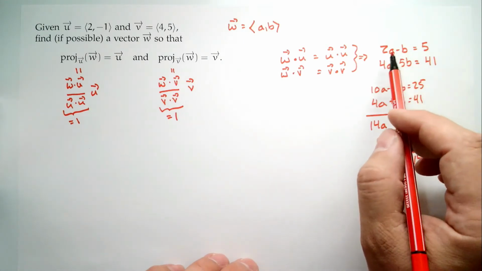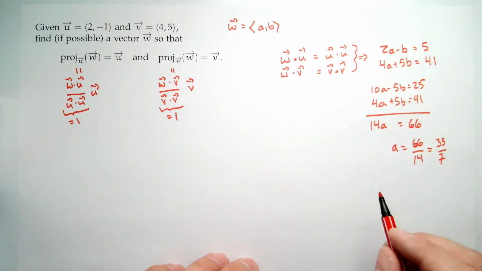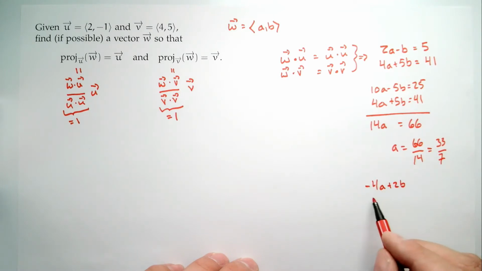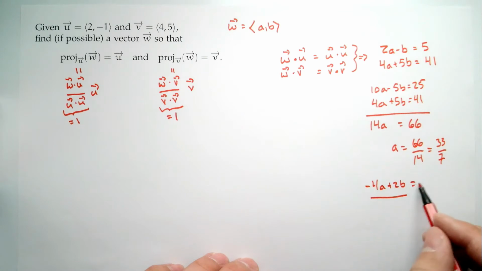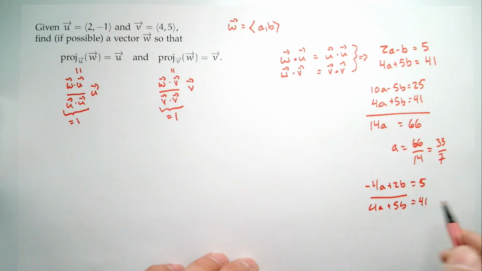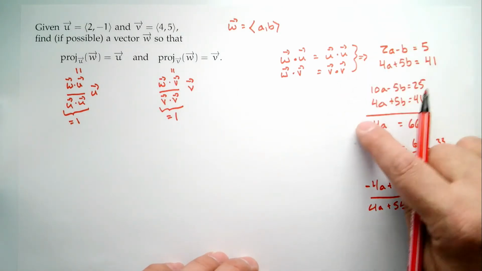The other thing I could do is multiply the first equation by -2 to cancel the a's. That would give -4a plus 2b equals -10, not 5. I can't multiply.